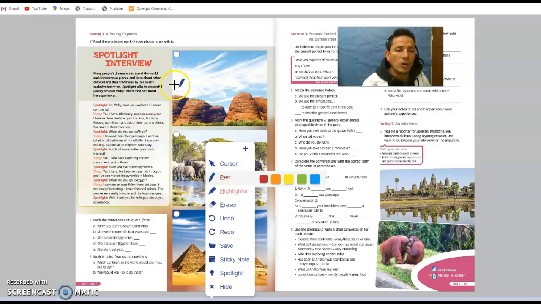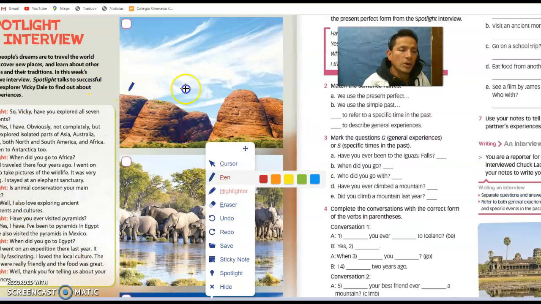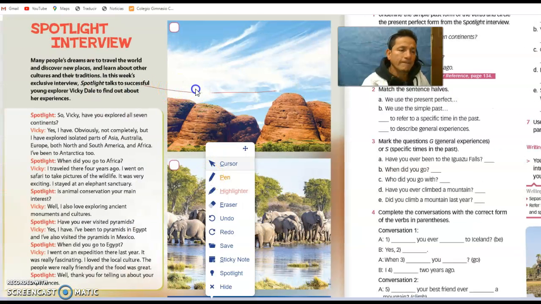Let me see. For example, travel is a verb. So you're going to underline travel.